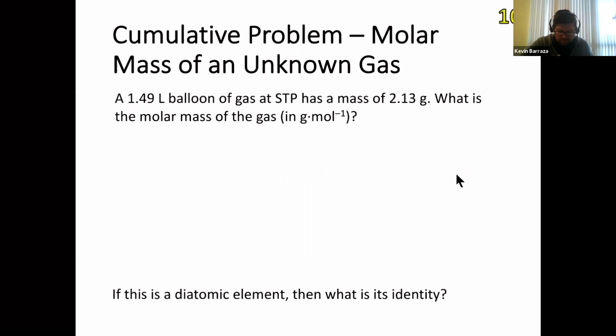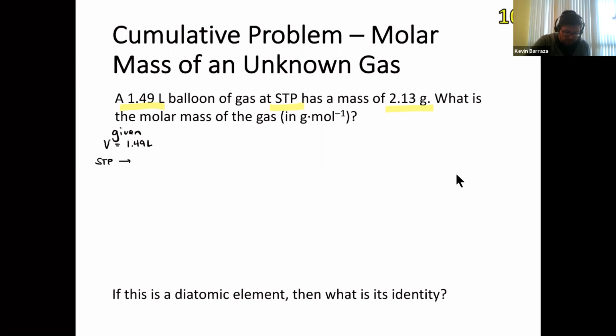So again, we need to utilize our givens. So we have 1.49 liters, STP, and 2.13 grams. So we are given a V is 1.49 liters. We're given STP, which we should know what that means. So standard temperature and pressure.